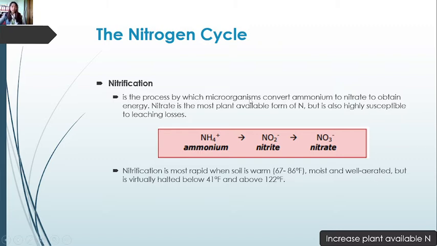And then, for nitrification, okay, this is biological because it involves microorganisms. So, it converts ammonium into nitrate to obtain energy. So, for the microorganisms to obtain energy, they have to convert these nitrogen forms from ammonium to nitrite and then to nitrate.